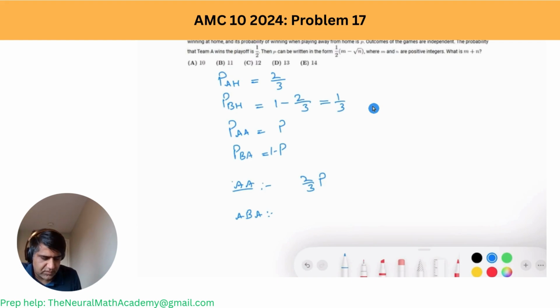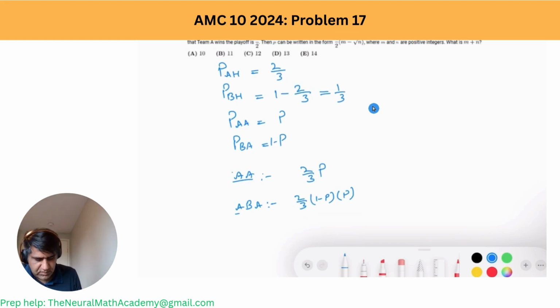In this case, the probability is 2 by 3 for A, for B we have 1 minus P, and then P.